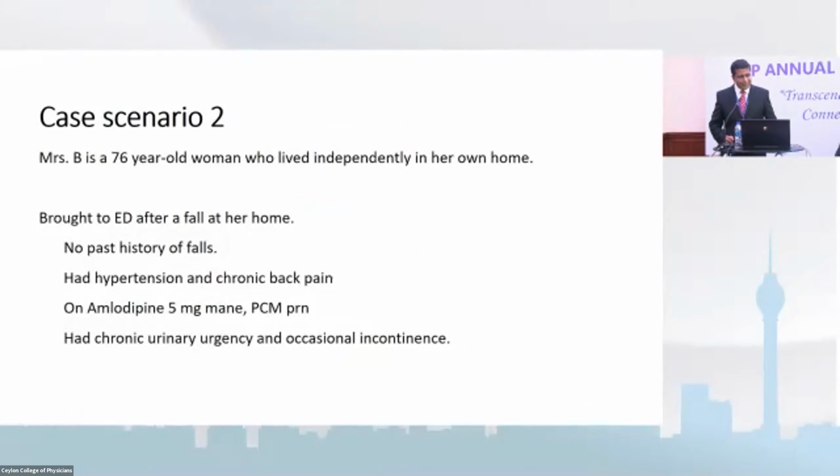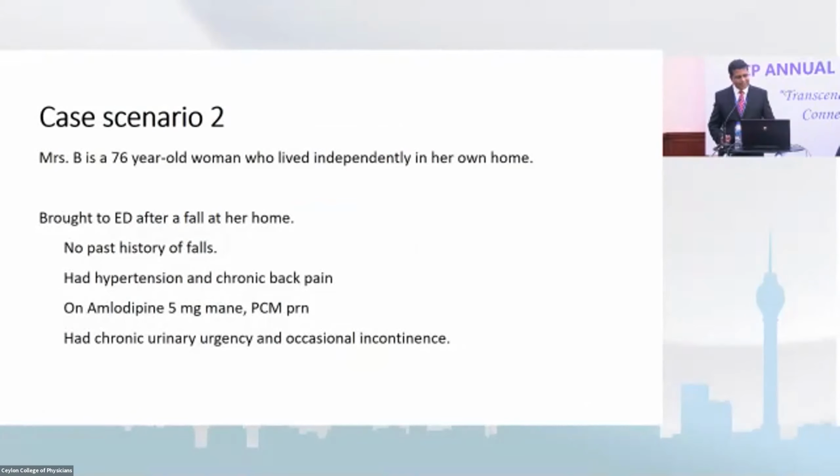A 76-year-old woman who lived independently in her home was brought to the emergency department after one fall at home. When I assess falls in this patient, there was no past history of falls.